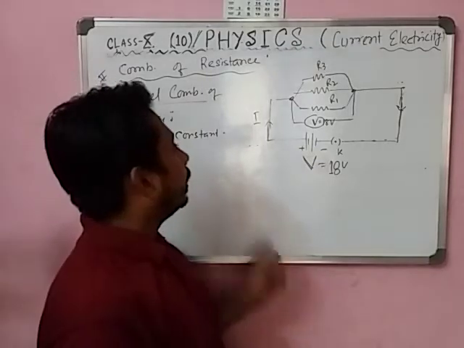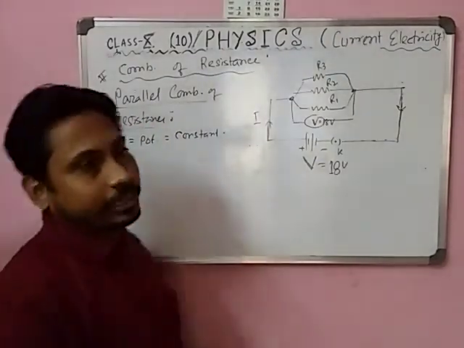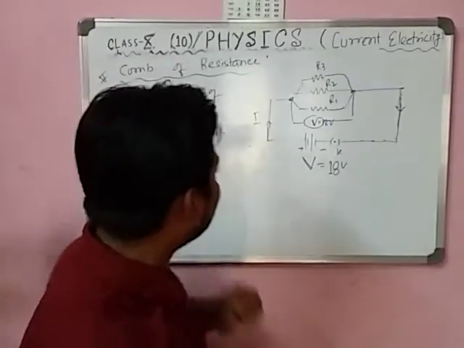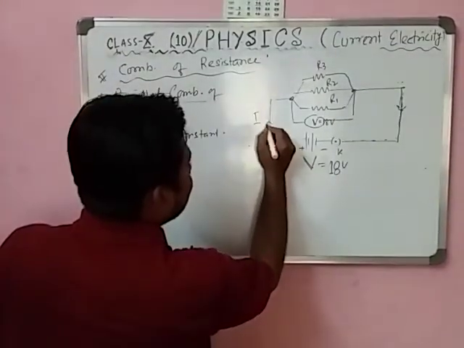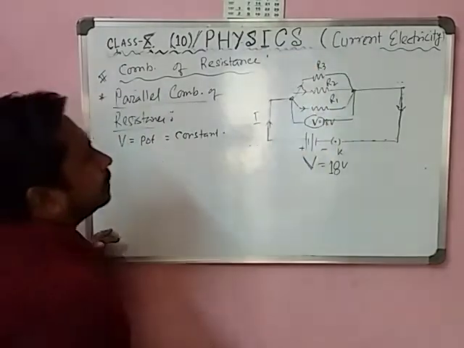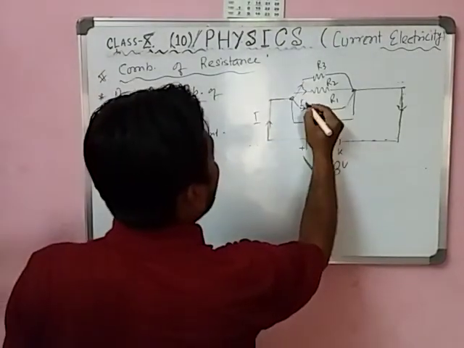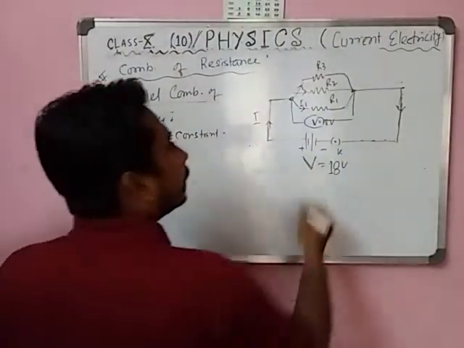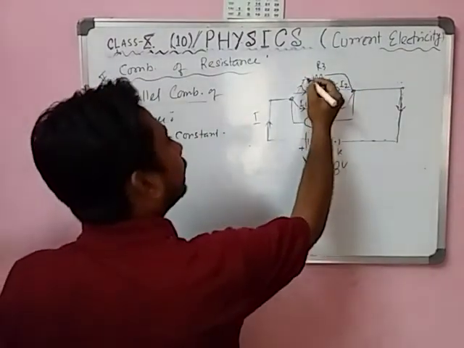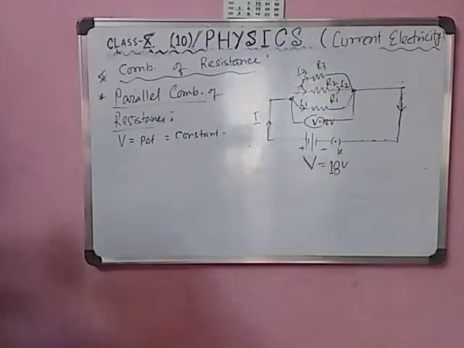Okay, now student, listen what happened. Here current is not constant. Yes, here current is not constant, because see in this portion current is flowing in three different ways. Suppose in R1 current is I1, in R2 current is I2, and in R3 current flowing is I3.